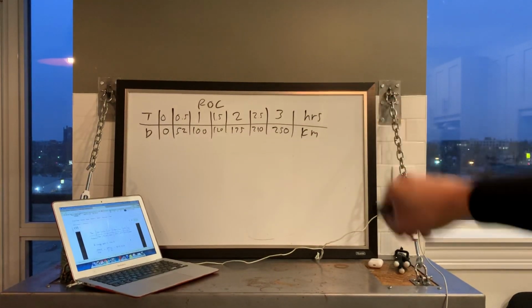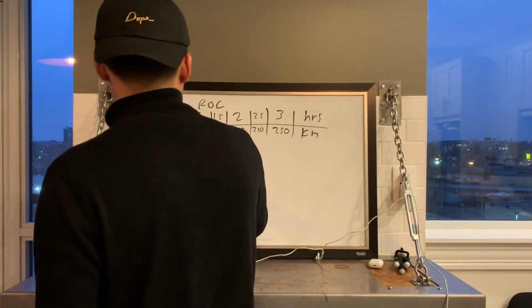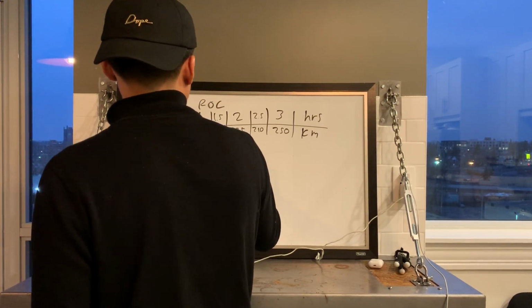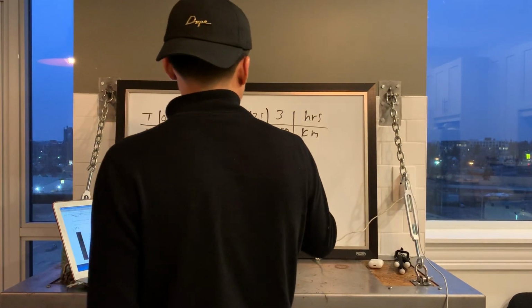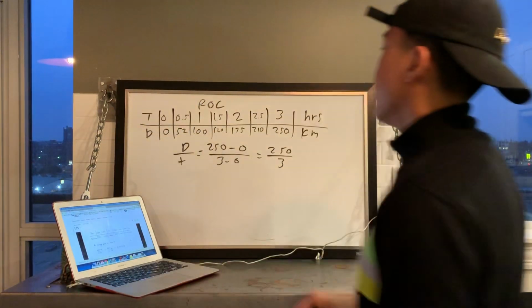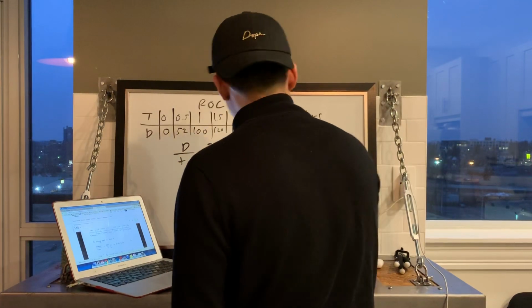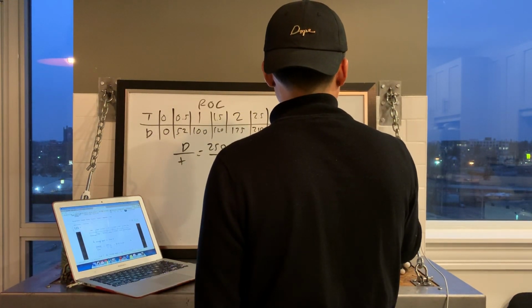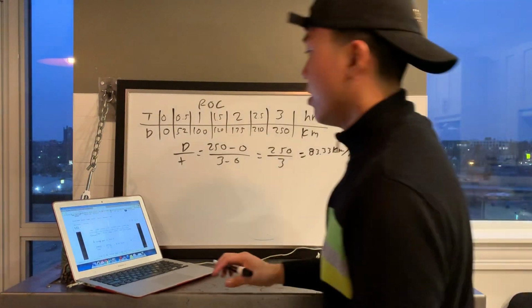So d over t, which is 250 minus 0 over 3 minus 0 equals 250 over 3. That'd be the rate of change for the first 3 hours, about 83.33 kilometers an hour.